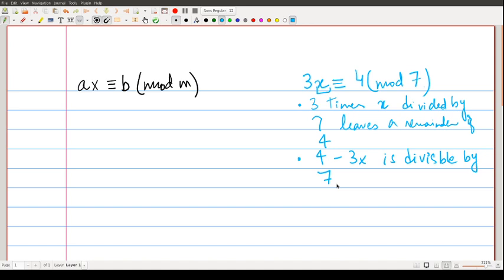Because they're in the same modulo class, and we know this fact that if a is congruent to b mod m, then by the definition of modulo, this just means that m divides a minus b, right?